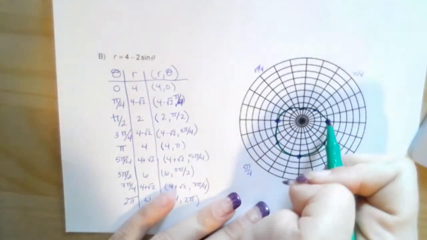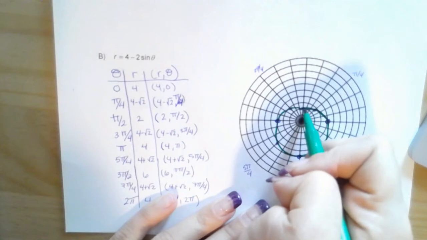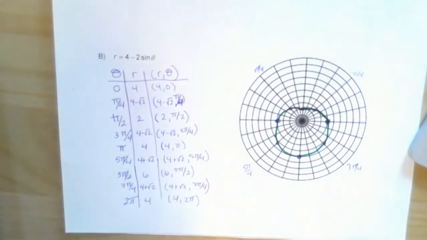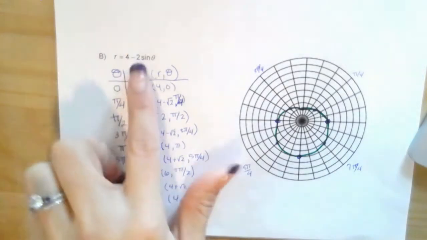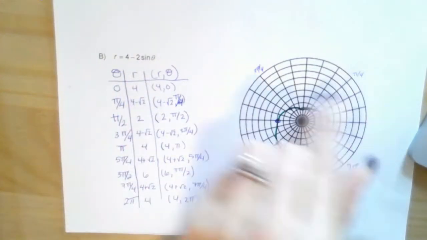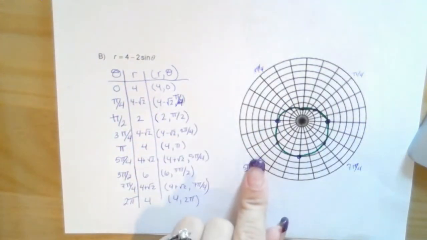Now, some graphs, if we spread it out, we can definitely see that dip down, and some graphs we can't. If you really want to check it out, see if you can go on a browser and look up polar graphs, and maybe you can manipulate the equation just like we do on Desmos to be able to see how these graphs change.